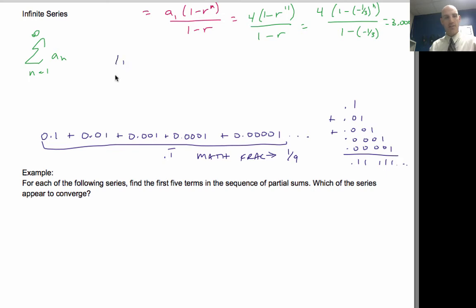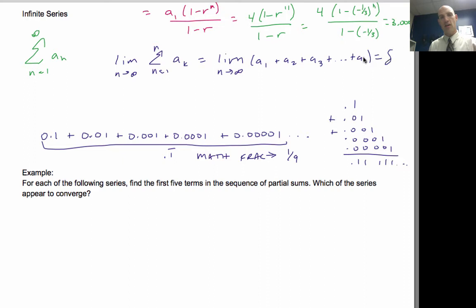The partial sum is the limit as n goes to infinity of this sum, from 1 to n of a sub k, is equal to the limit as n approaches infinity of a1 plus a sub 2 plus a sub 3 plus dot dot dot plus a sub n, is equal to some s.